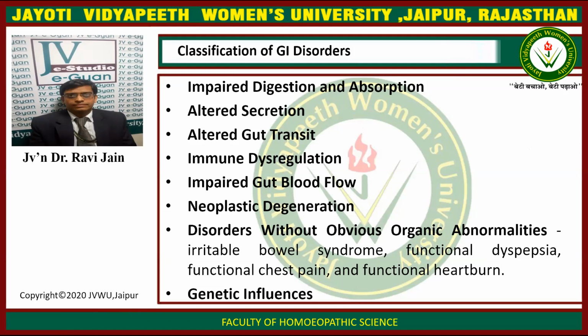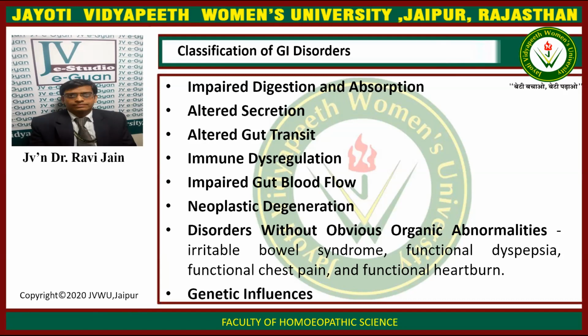So the disorders can be classified on the basis of impaired digestion and absorption. There can be altered secretion. The third one is altered gut transit. The fourth one is immune dysregulation. The next one is impaired gut blood flow. We also have neoplastic degenerations.